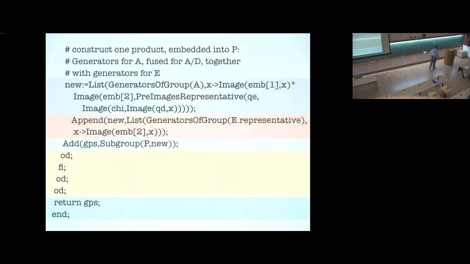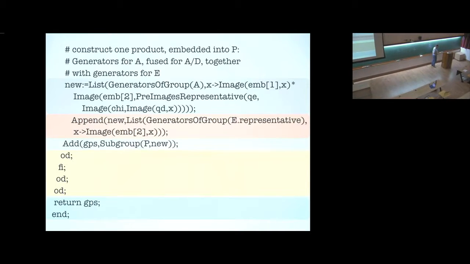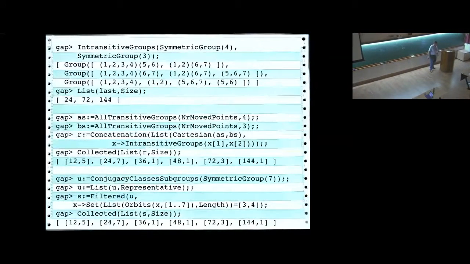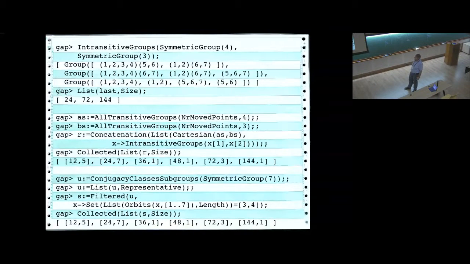And that is really a model which one can use for constructing, in arbitrary situations, groups which are put together in some way. Just as an example, we could call this for S4 and S3, and we get three possible intransitive groups of degree 4 plus 3, which is 7, which have a projection to S4 and S3, namely S4 itself, right?